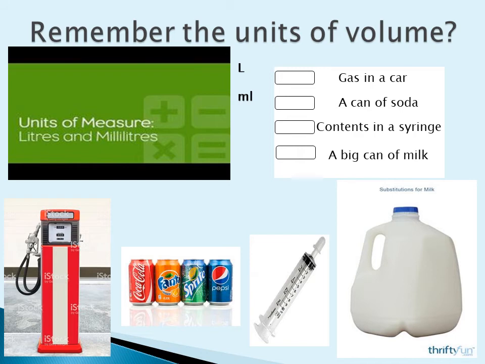Now, let's look at gas that you get from a gas station and put into a car. Milliliters is a small unit of measurement. Liters is a larger unit of measurement. If you're buying gas for a car, do you think you're going to buy in milliliters or in liters?